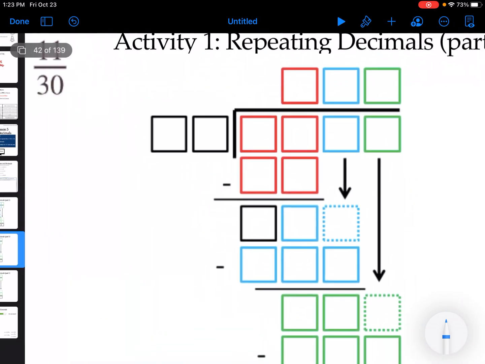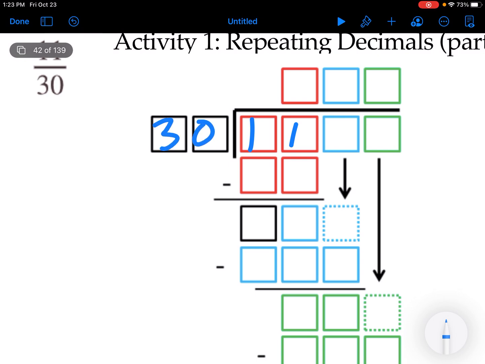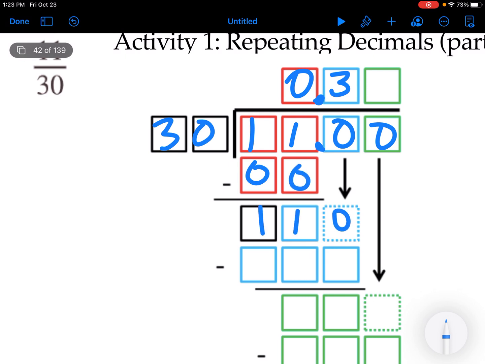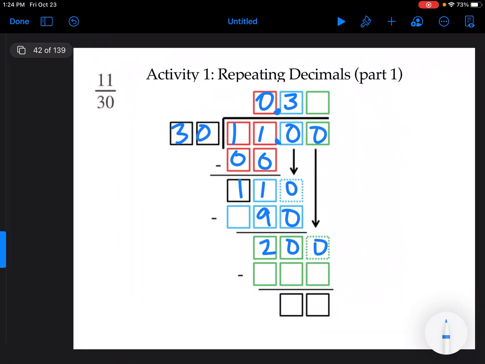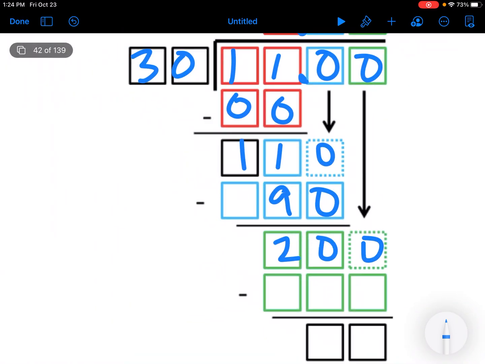Same thing, you're doing 11 divided by 30. So I'm going to add my decimal point. I'm going to put a 0 in that box because 30 doesn't go into 11 evenly or at all. So 30 goes into 110 3 times. And I get 90. So I'm left with 20. Bring down my 0. 30 goes into 200, 30, 60, 90, 120, 150, 180, 210.